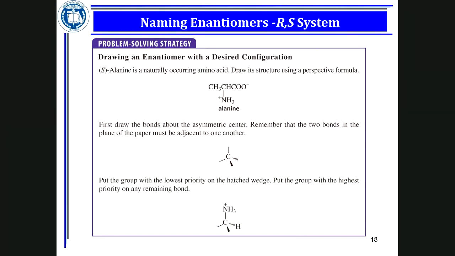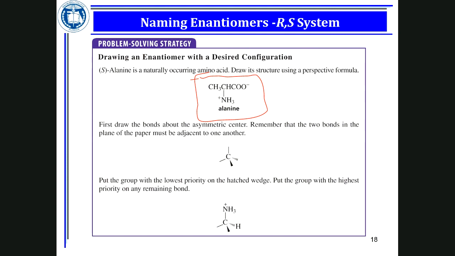If you were given the name for this compound, and they tell you that this compound is the S configuration, how would you draw the molecule for this S configuration?